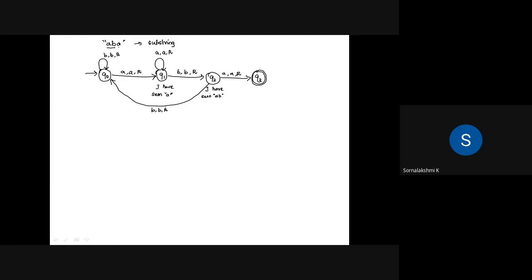I can see another pattern ABA anywhere down the tape. So this is the basic Turing machine for the acceptance case.